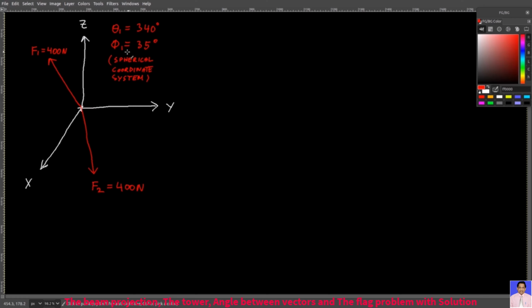So it's a spherical coordinate system. By now you should already know what it means. So I don't have to draw it here. You know which axis you need to measure your theta from and which axis you need to measure your phi from. And then the direction of F2 is represented with the coordinate direction angles.